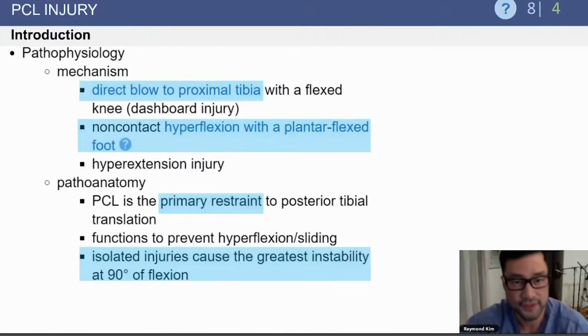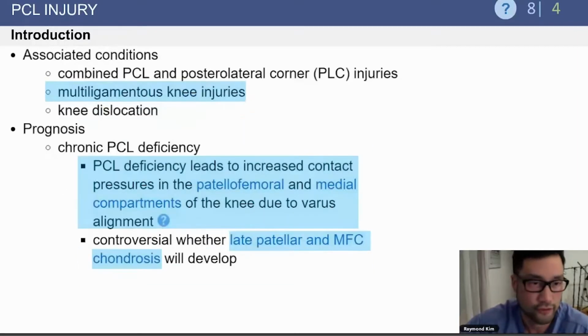The PCL is the primary restraint to posterior tibial translation, and isolated injuries cause the greatest instability at 90 degrees of flexion. This can be associated with other ligamentous injuries like a posterior corner injury, and a chronically deficient PCL knee can lead to increased pressures in the patellofemoral joint and lead to medial compartment wear due to varus alignment.